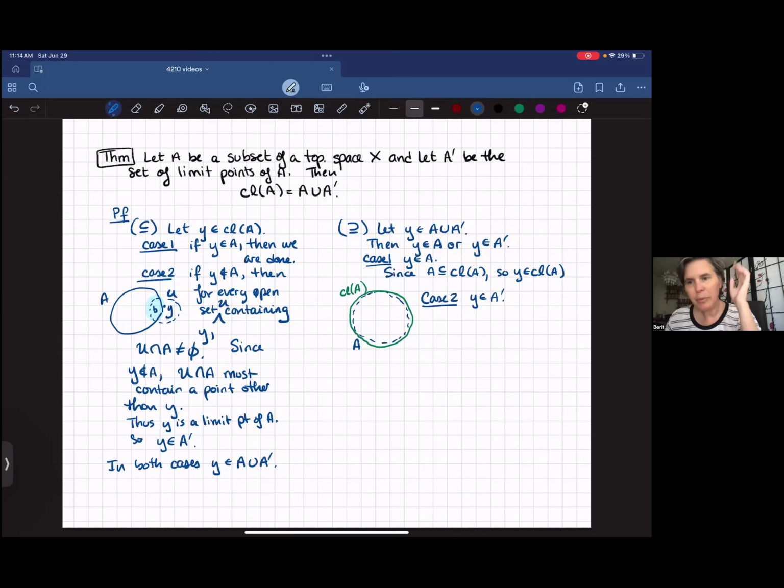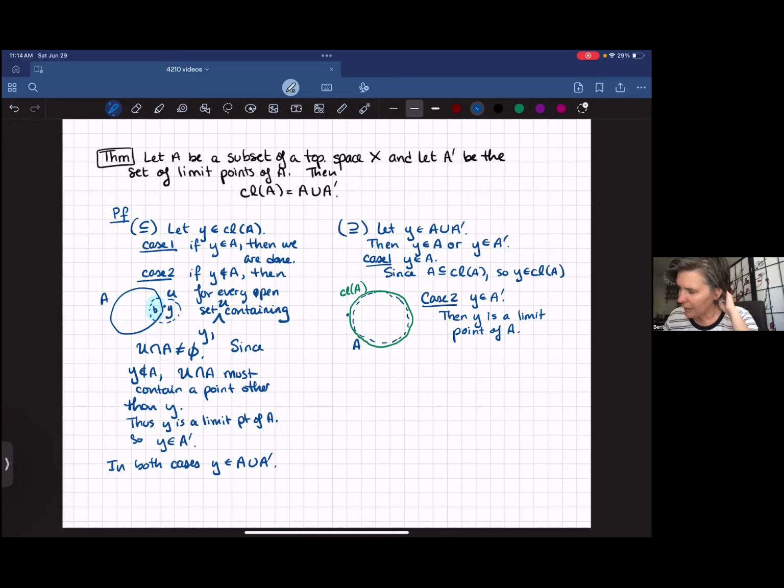Okay, so if y is in A prime, that means that y is a limit point of A. And intuitively speaking, we want to think of limit points as being sort of close to the set. Now, in some topologies, that definition of close might not really be close, but certainly in the standard topology, I think we've seen from some examples that that is the right way to think about it.